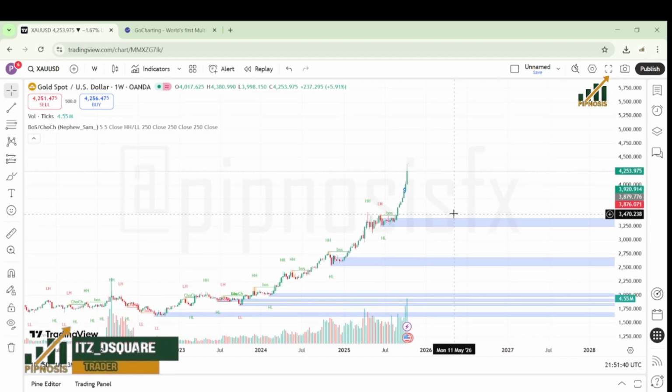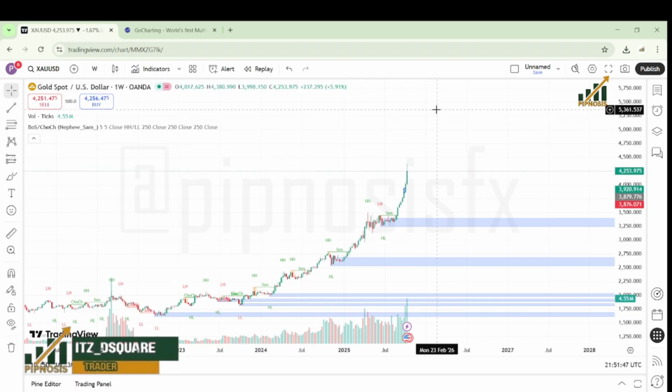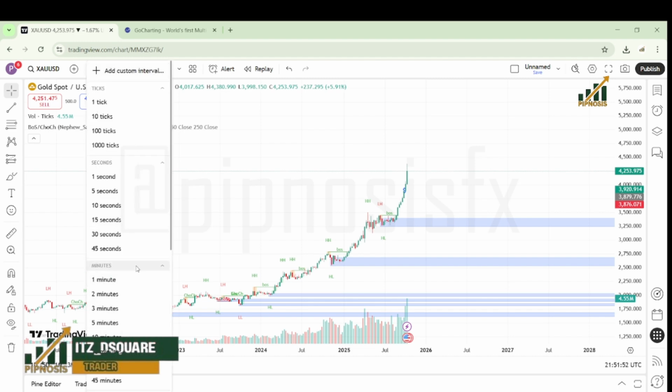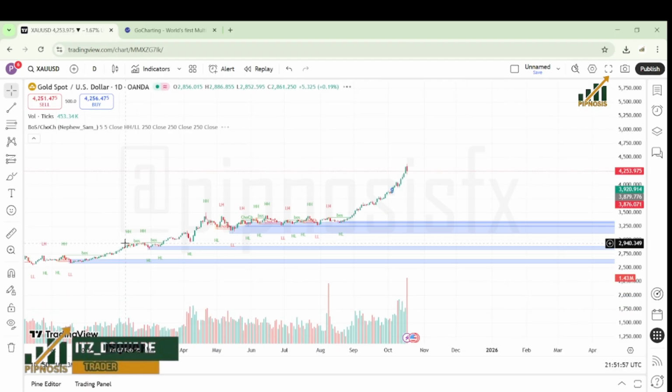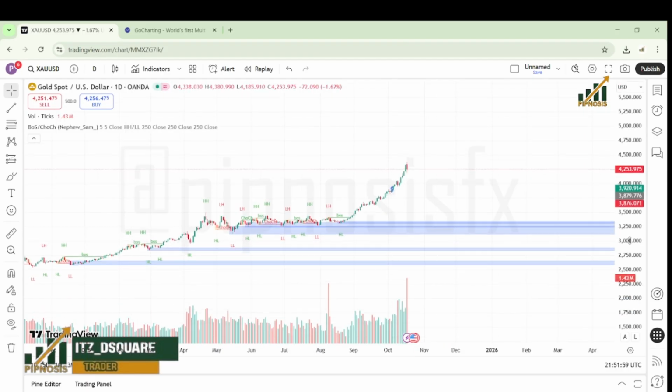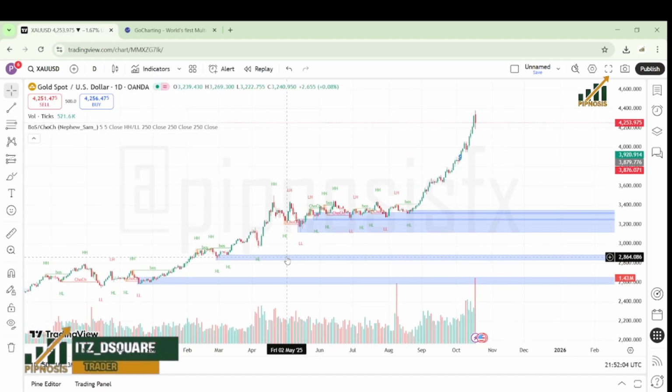From the higher time frame, which is the weekly time frame over here, we can see that gold is in an uptrend, and as we step down to the daily time frame, we would also see that it has created a series of higher highs and higher lows.